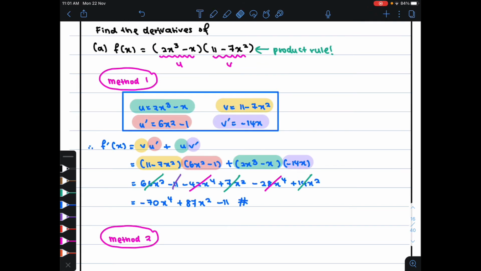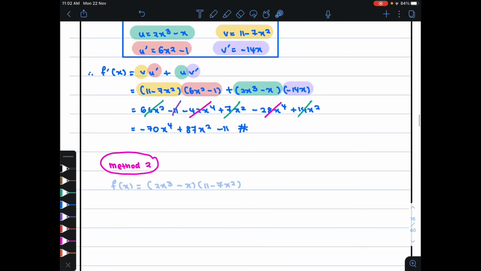There's actually another method of finding f prime x for this f(x). Since f(x) is 2x cubed minus x times 11 minus 7x squared, instead of using product rule, you can try and expand f(x) first.